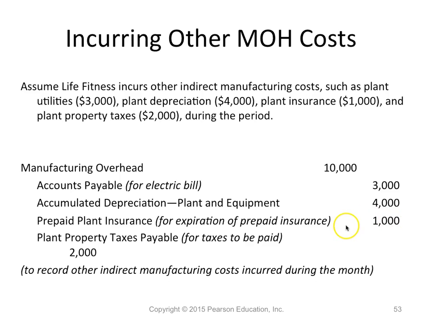So plant property tax is $2,000. We add them here, and for some reason it gets in here anyway. So $2,000, so $10,000 gets in here. Taxes payable increases here.